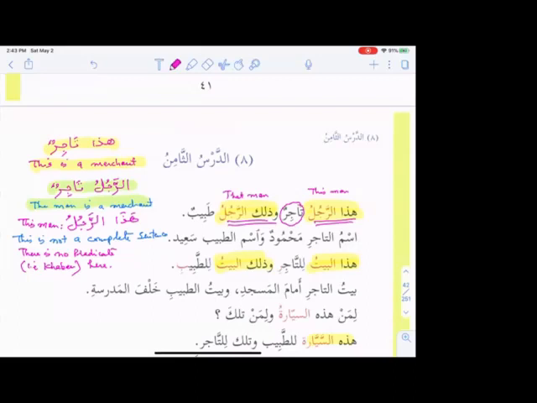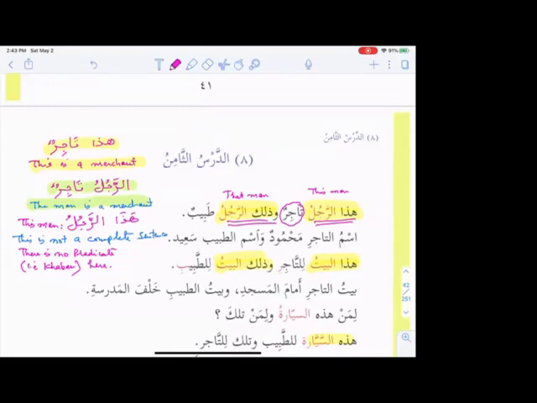So then, what is our Rajulu here? Now this is where I come in to teach you the grammar rule. Dr. Abdul Rahim does not go into these matters. I guess he leaves it to the teacher to do all that work. So he only says, Hadha Rajulu means this man.